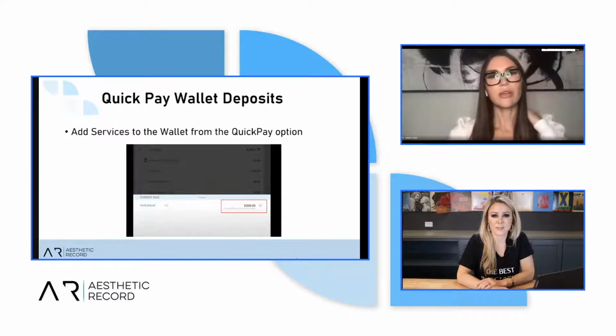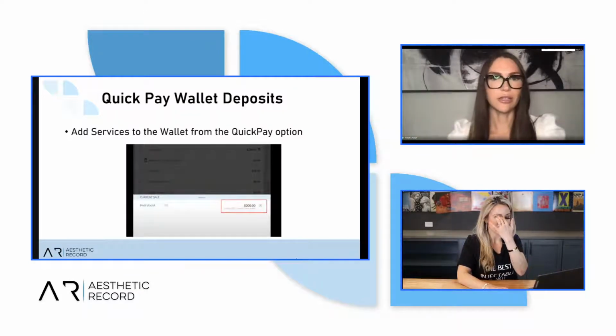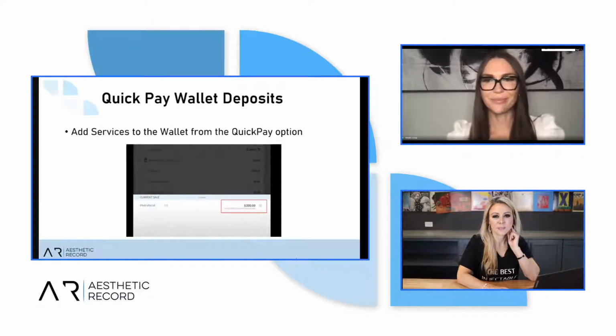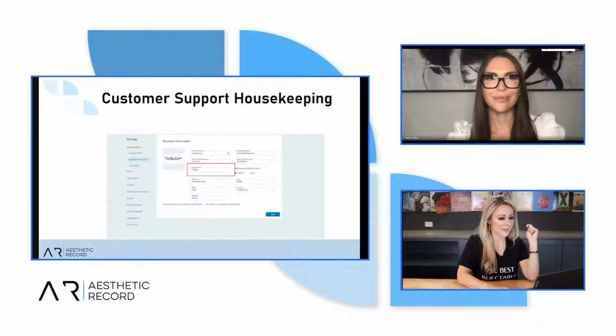With this new way, you add your Botox into the cart and it sends it automatically to the wallet. So this updates your sales reports as wallet credits, but it also saves you time because you're not manually adding that into the wallet. So we're excited to show you guys that live. And just in time for event season.